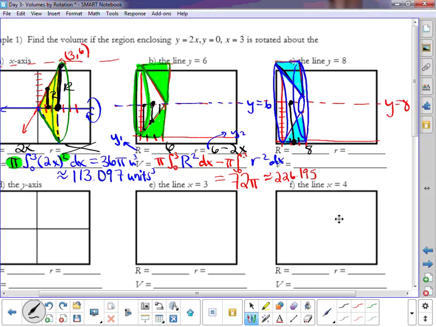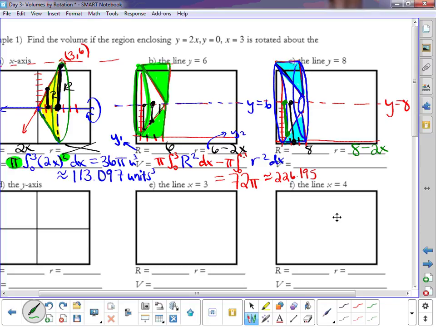And then let's take a look at our inside radius, from the axis of revolution down to our function itself. What is that little r going to be? 8 minus 2x. Again, top minus bottom. Our top function is 8, bottom function is 2x. 8 minus 2x. Questions on the setup there?